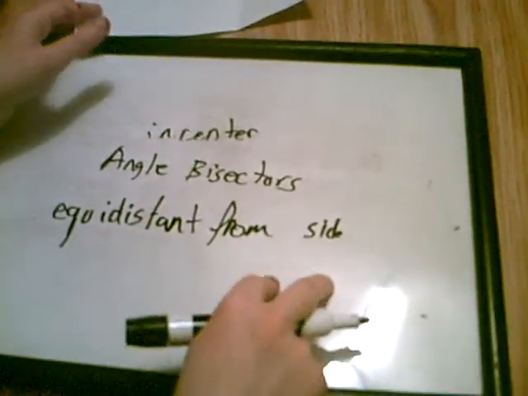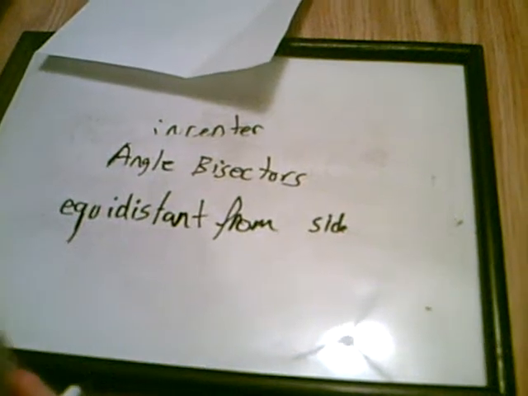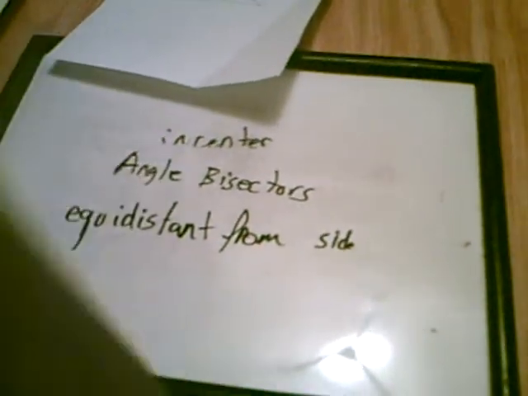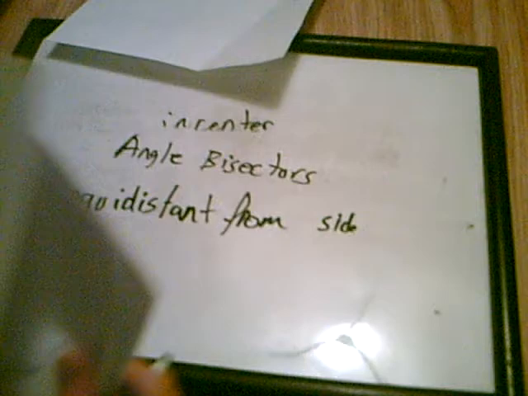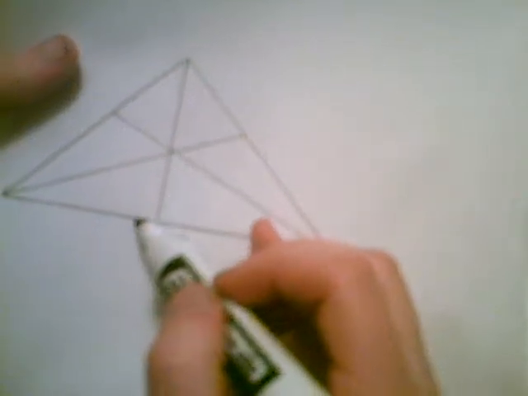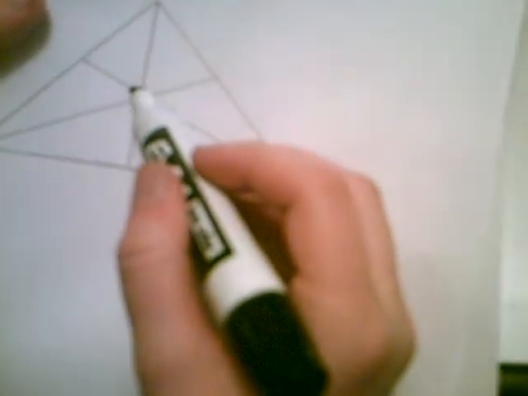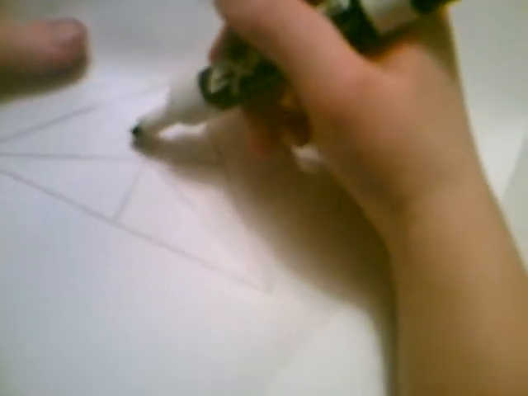And the distance to the side is the shortest distance to that side, meaning it's the line that's perpendicular to the side. Here's the incenter. And that means this is equidistant from a line perpendicular to this side. And that distance is the same as a perpendicular line to this side, which is the same distance as a perpendicular line to this side. That's always true.